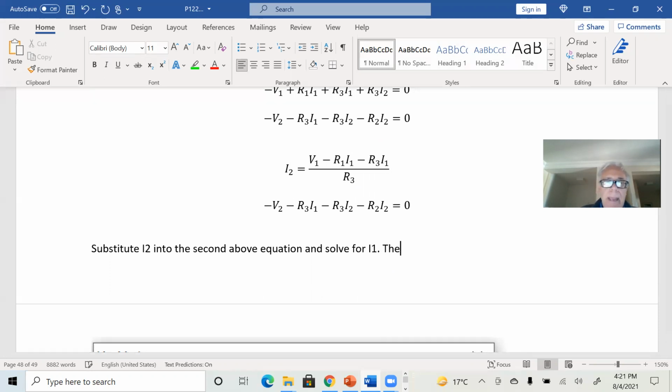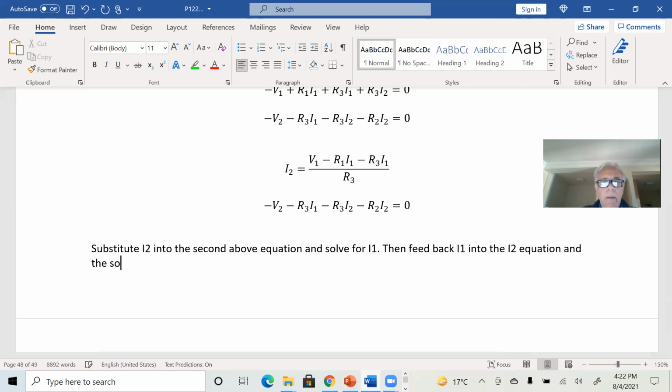Then feed I1 back into the I2 equation, and use the solution for I1 and I2 in the I3 equation.